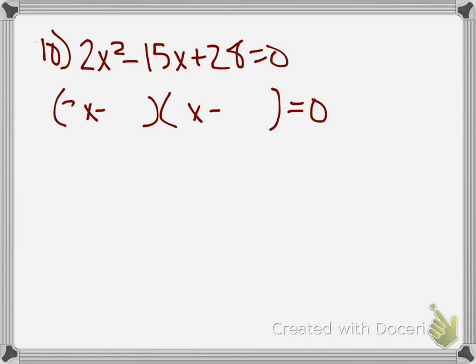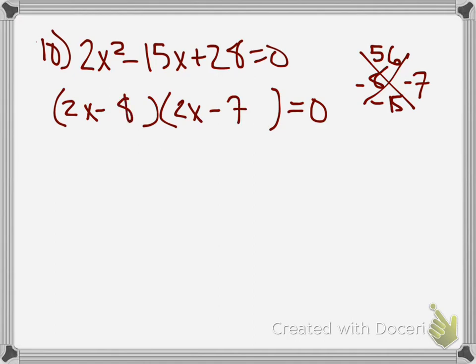Alright, so let's look at this again. That's 2x. I'm going to multiply 2 times 28 to get 56. I'm looking for two numbers that multiply to give me 56 and add up to 15, which if you go through all those is going to be 8 and 7. And then basically you're setting those equal to 0 and solving, which is still essentially just taking the opposite and then dividing by the number.